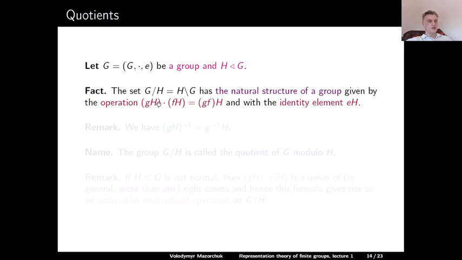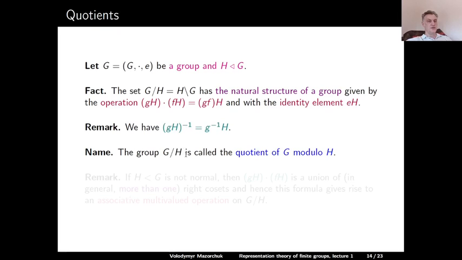If we take the coset gH and want to multiply it with the coset fH, we define the outcome to be the coset gf times H. And the identity element in this group structure is the coset H itself, which is e times H. We know that the inverse to the coset gH with respect to the structure is the coset g inverse H. So this group G mod H is called the quotient of G modulo H.